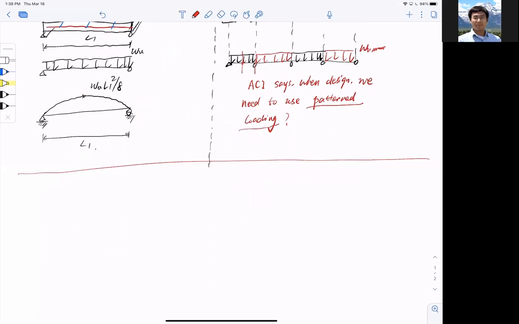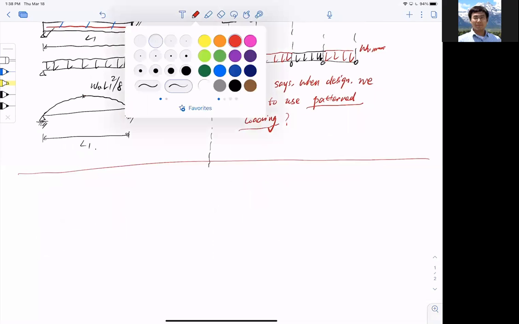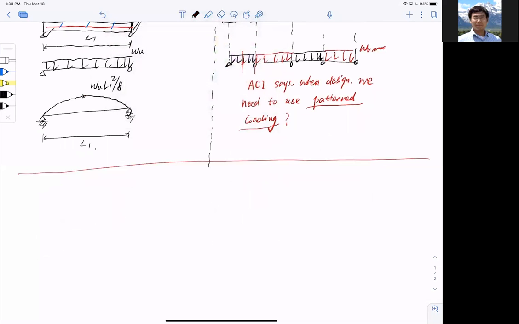This is the first thing I want to explain to you. By ACI, patterned loading refers to the loading that will produce the maximum moment.